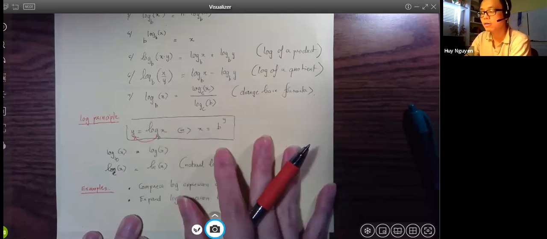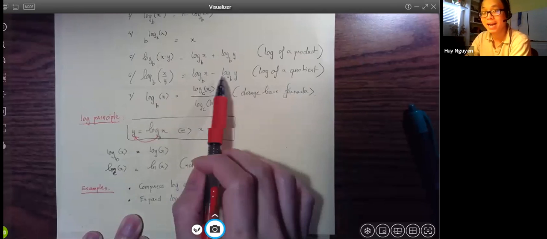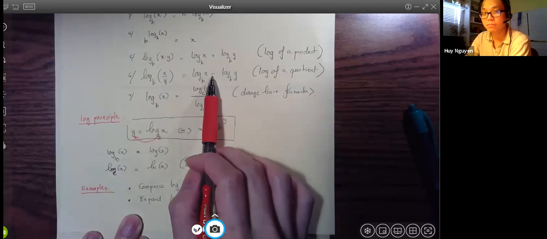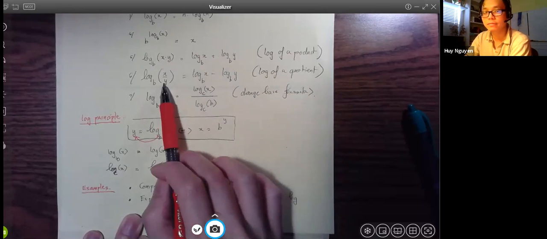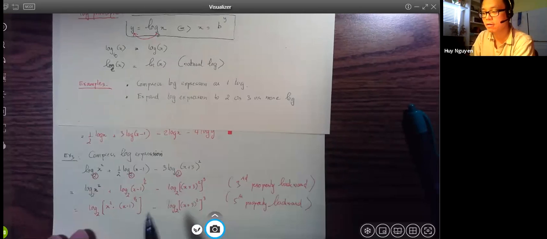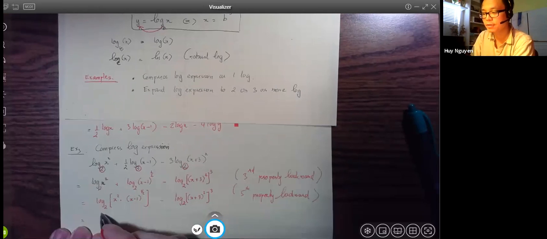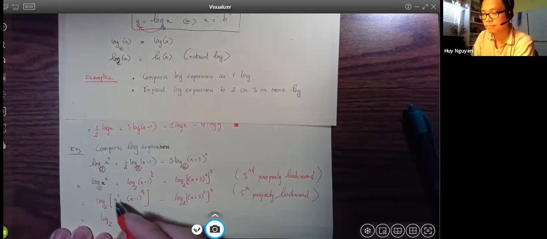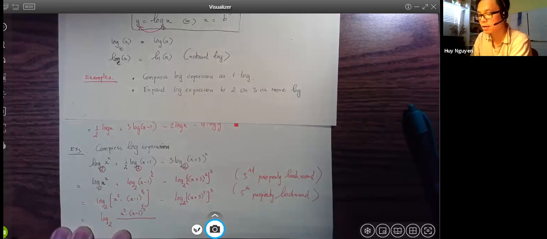You have 2 logs and between the logs is minus, so I can write it as a fraction. So it becomes log base 2 of a fraction, the top over the bottom.